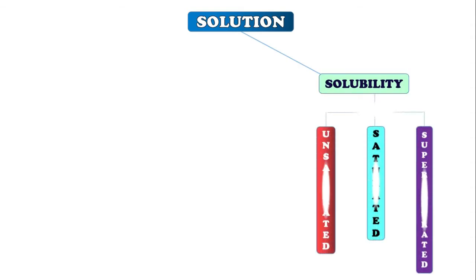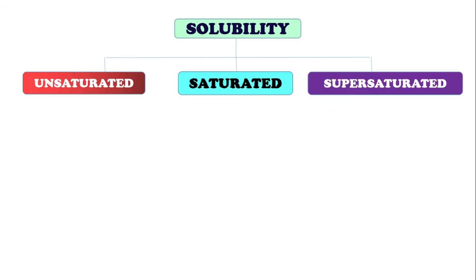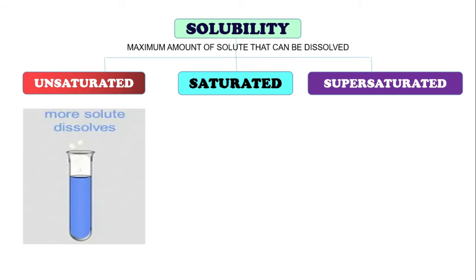Solutions are also classified according to solubility, and there are subclassifications: unsaturated, saturated, and supersaturated. Solubility refers to the maximum amount of solute that can be dissolved.